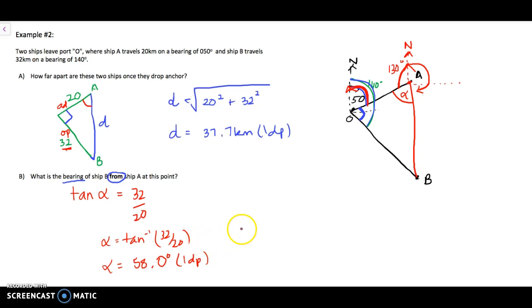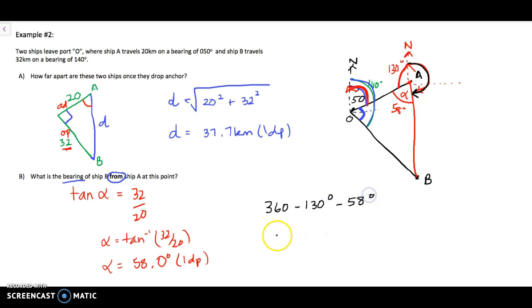So bringing that back over to here, I know that this is 58 degrees. So let's find that bearing. So going all the way around, stopping at the line that travels to B, I've got 360 degrees. I can take the 130 degrees off, and I can take the 58 degrees off.